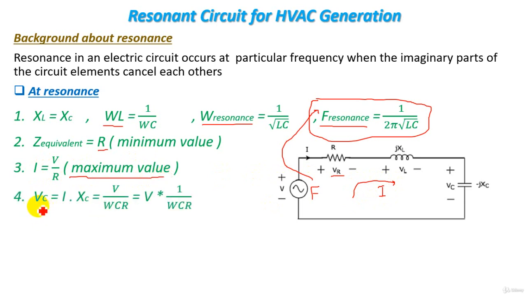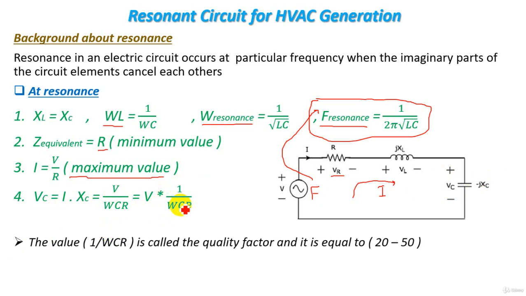Also, we have VC, the voltage across the capacitor, which equals the current times the reactance of the capacitor XC. So this value equals V over omega CR, which can be written as voltage V times 1 over omega CR. The value 1 over omega CR is called the quality factor, and its value is in the range between 20 and 50.